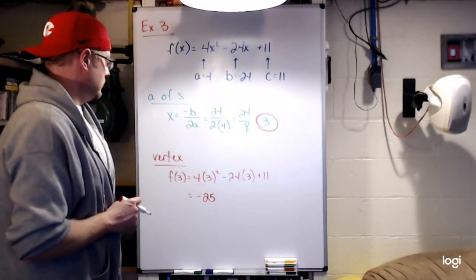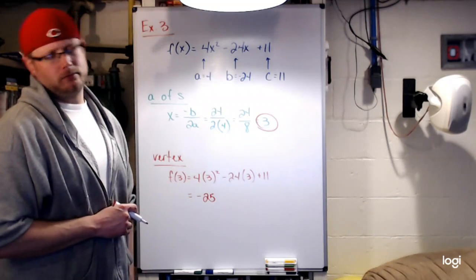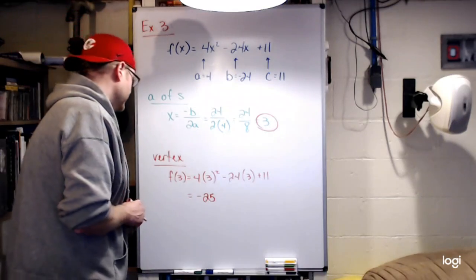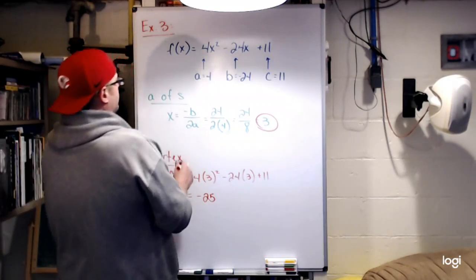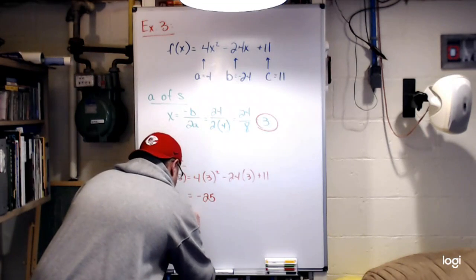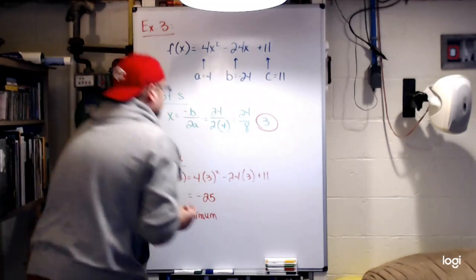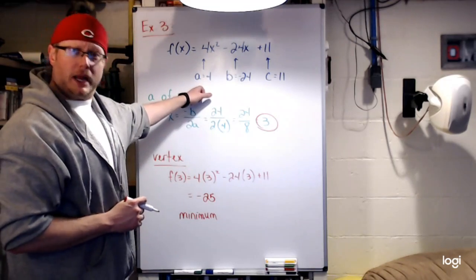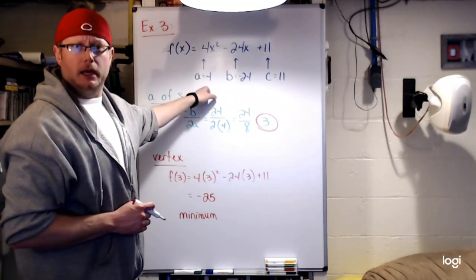So, I think I did that math right. You can check me on it. If I did something wrong, put it in the comments below, but I'm pretty sure I did that right. All right, so that's going to be a, what was that? A minimum. Remember, A is positive, so when your leading coefficient is positive, you have a minimum at your vertex.